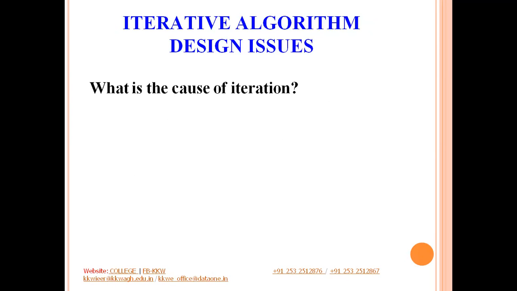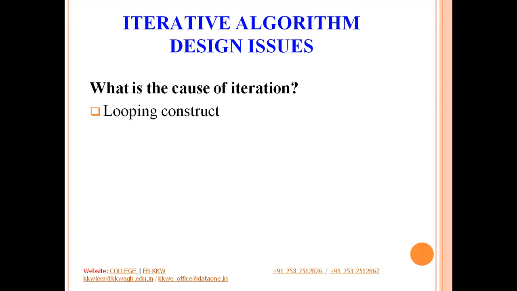What is the cause of iteration? Whenever somebody asks this question, what exactly comes to our mind is two things. The term iteration means doing something again and again and again, right? So in our algorithm or in our code, when iteration comes, that comes because of two things. What are these?